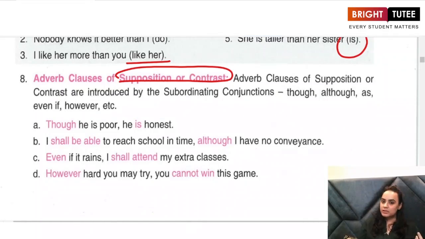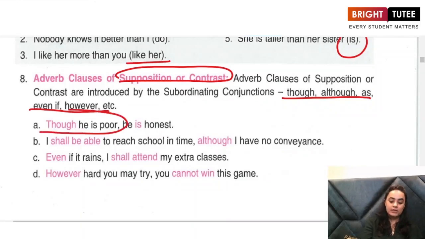What are the subordinating conjunctions that we use? Though, although, as, even if, however. For example, though he is poor, he is honest. What is the contrast? Though he is poor.